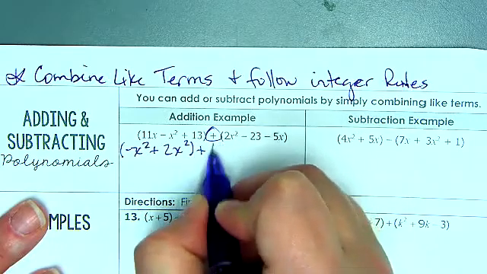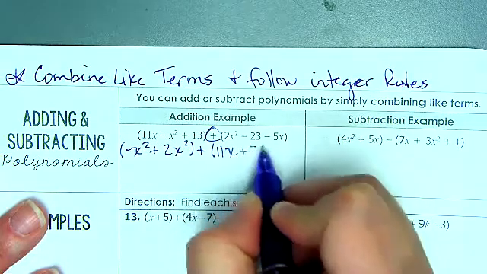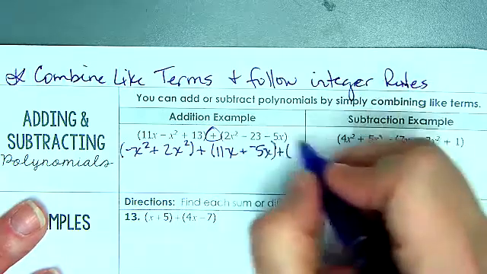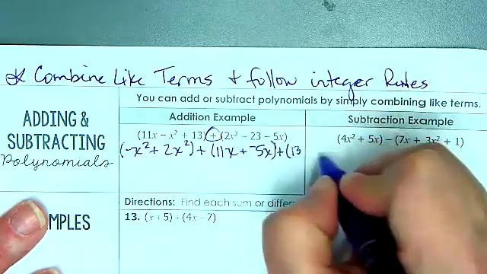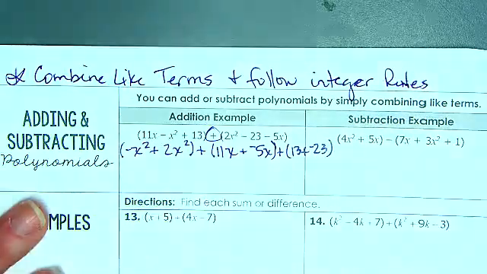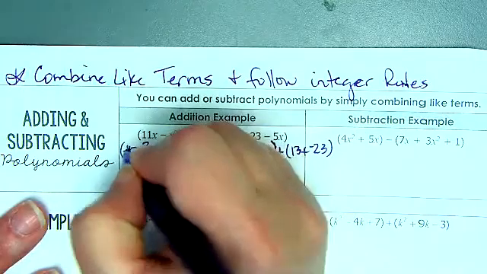Plus, now I'm looking at my next one, so that's 11x plus negative 5x plus 13 plus negative 23. And now I combine my like terms. So that's a negative 1.